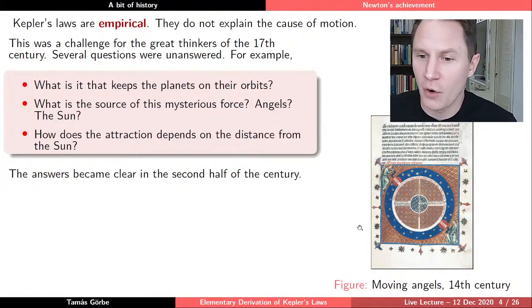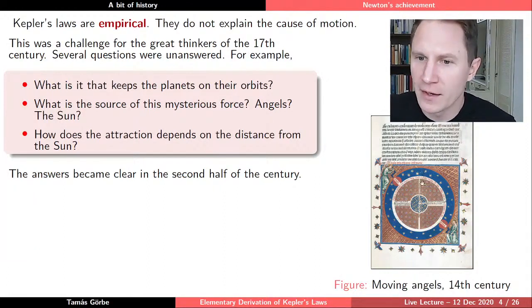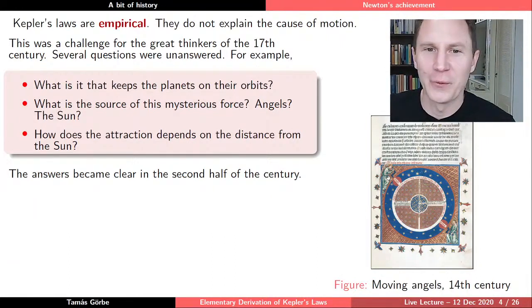Well, here is an image of a 14th century illustration from a codex, in which you see these celestial spheres being rotated by angels who are turning handles. So people suspected that this is not the correct picture, the correct cause of motion.